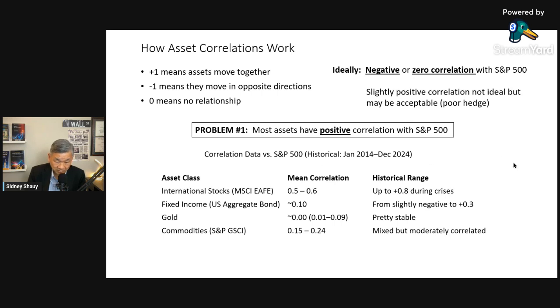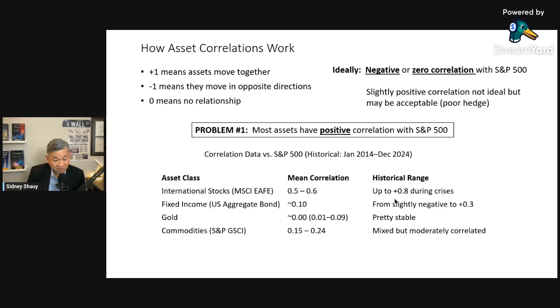Historically, we know that, for example, there are asset classes typically used to hedge stocks. You can use international stocks, with a correlation of 0.5 to 0.6. During a crisis, it will increase. We're going to talk about this as well: correlation is not fixed.